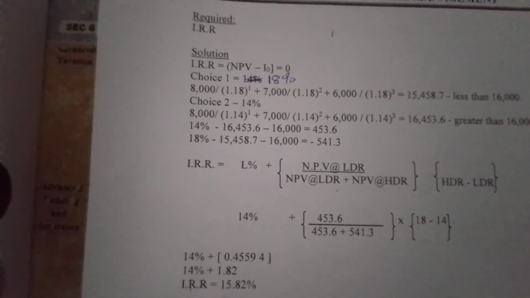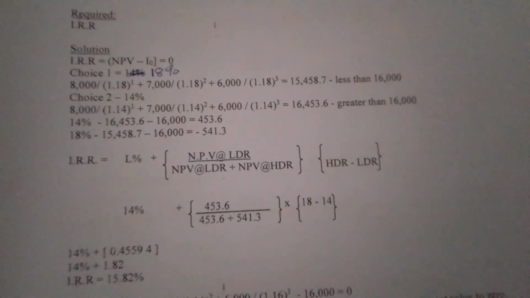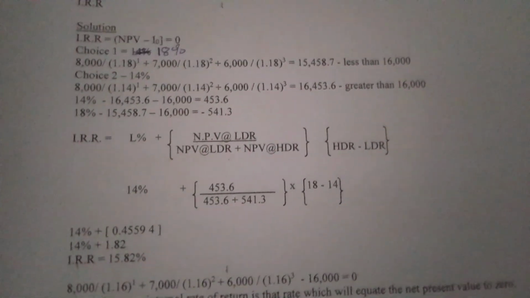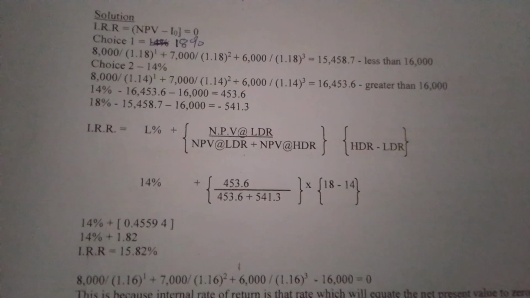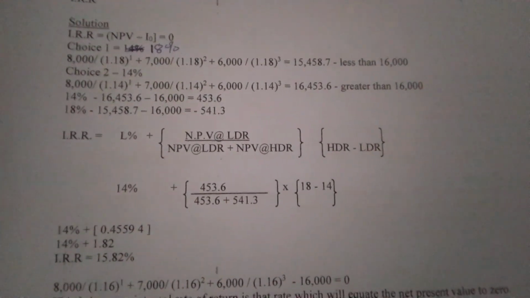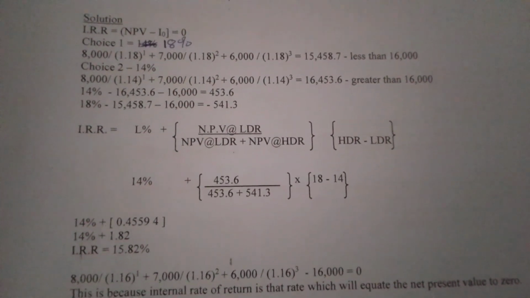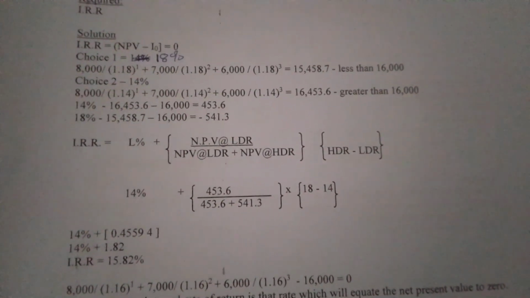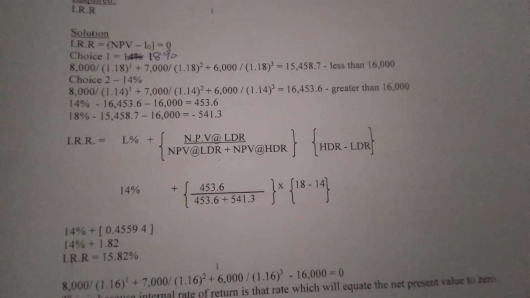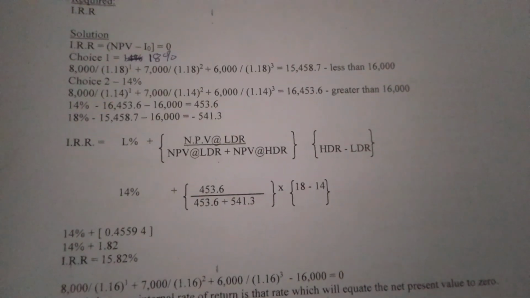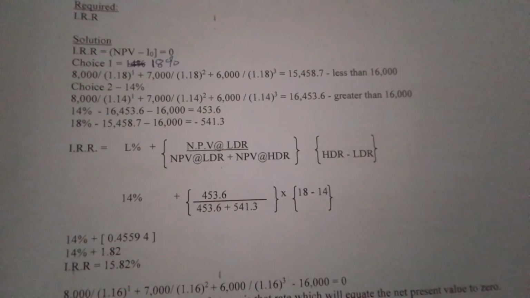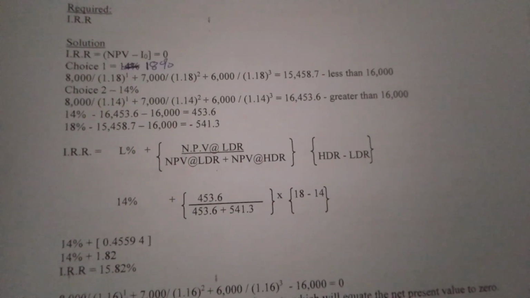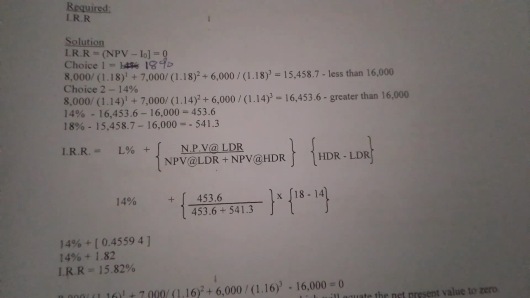We have said the internal rate of return means that rate which equates the net present value to zero. So you'll have two percentages. One percentage will give a negative NPV, and another will give you a positive NPV.